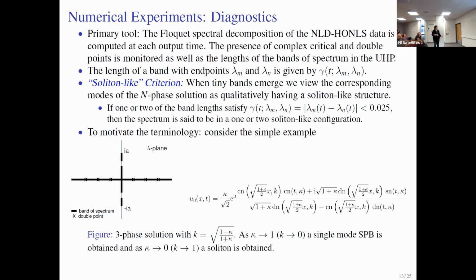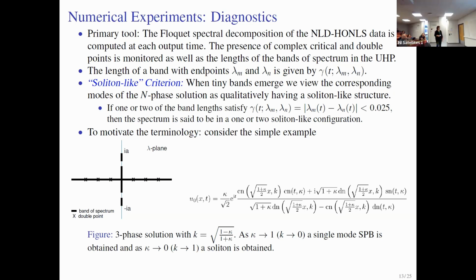As a motivation, consider this example, which is called a gap state. It's a different three-phase solution. If you take the elliptic modular parameters K and kappa, and you let kappa go to 1 and K go to 0, then this gap is going to close down to a double point and you're going to obtain an SPB.